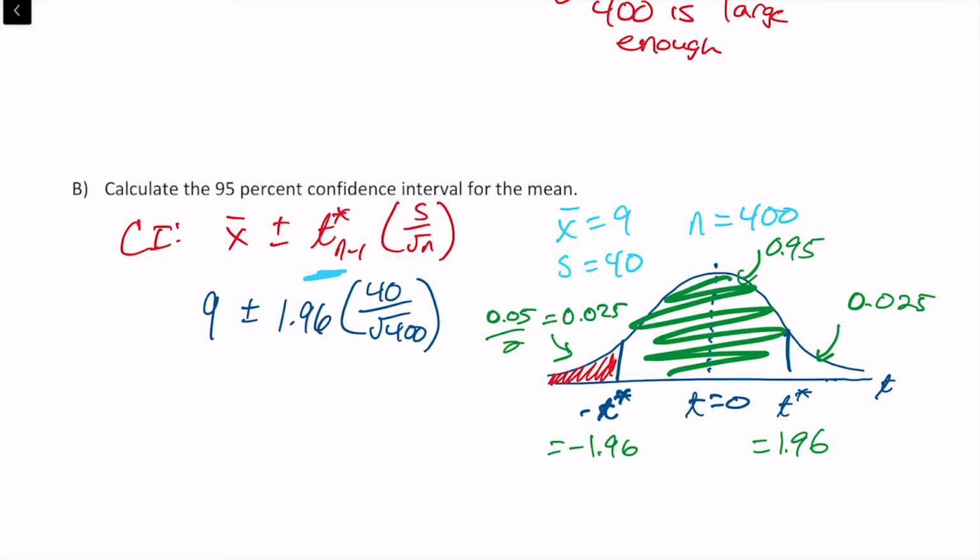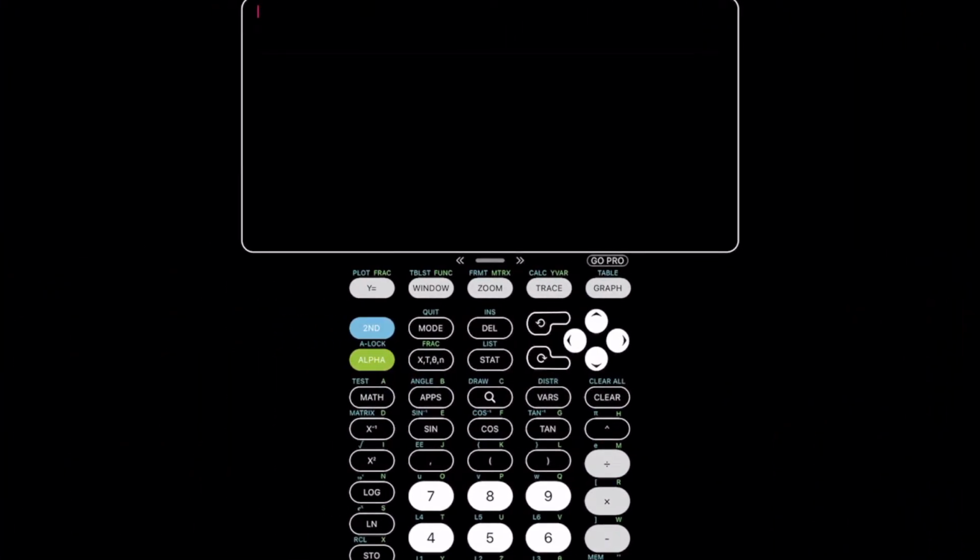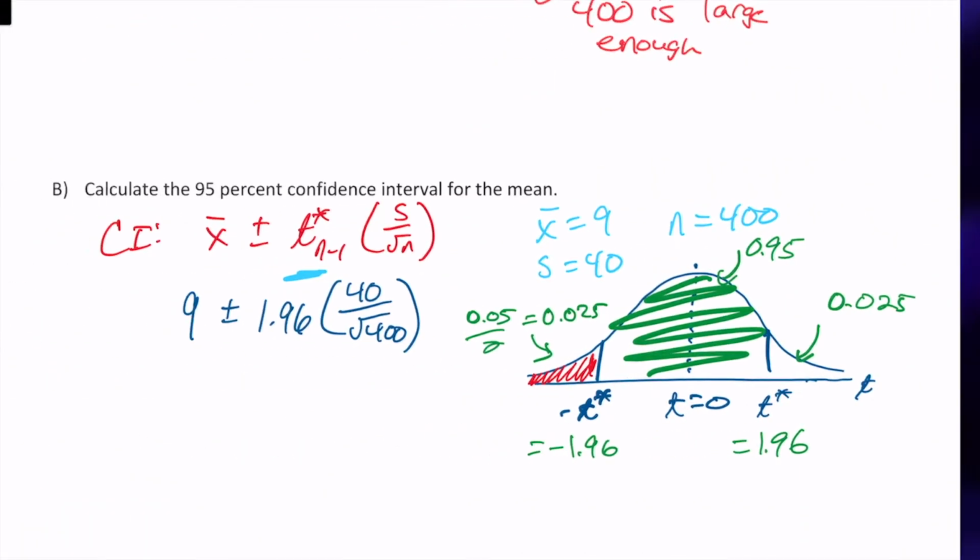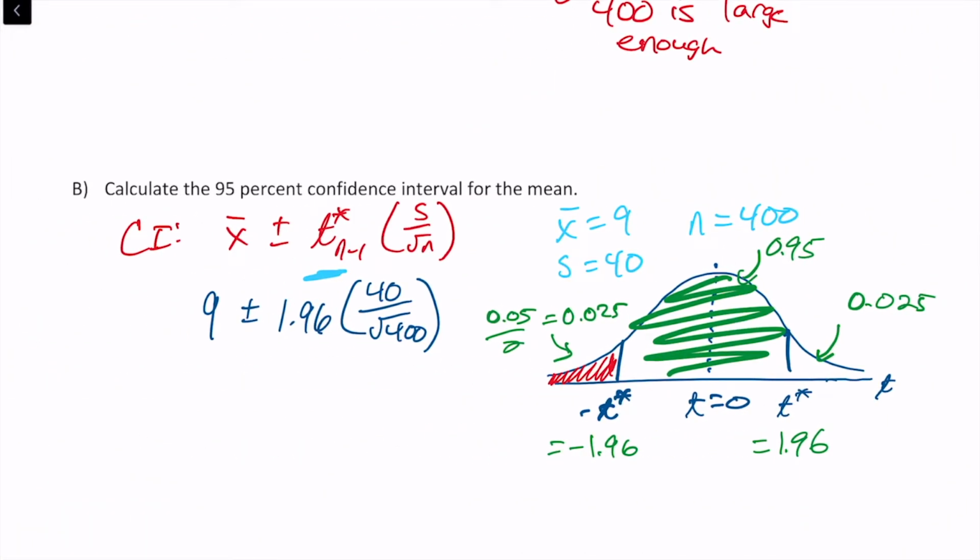Okay, so I'm going to go to my calculator and calculate that margin of error. So we said that was 1.96 times 40 divided by the square root of n, which was 400. So 3.92 is what we got there. So the margin of error is 3.92.